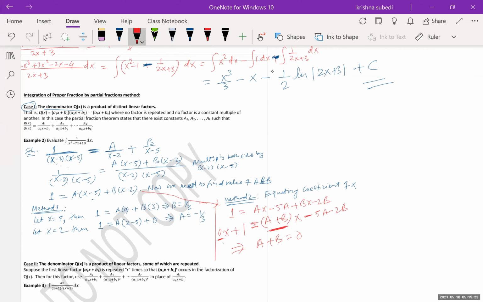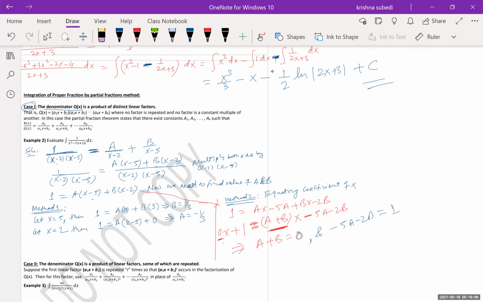If the whole things are equal, that means their coefficients must be equal. Just using high school algebra, keep that in mind. And then the remaining part, negative 5a minus 2b equals 1. So we got equation 1 here and equation 2 there.